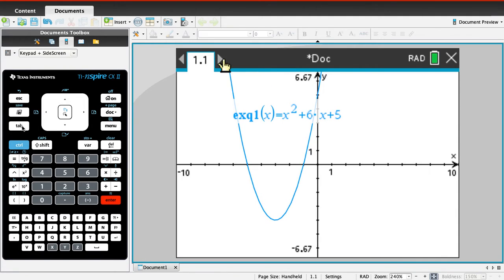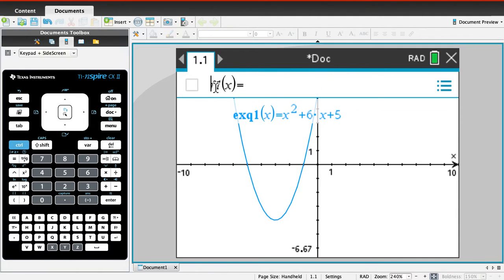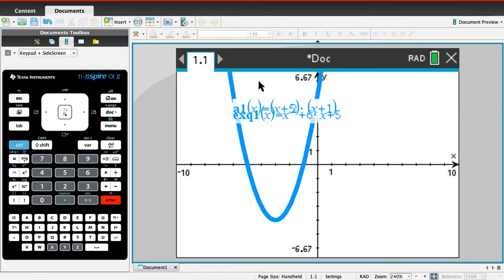Now I'm going to verify that. And I'm going to say this is the answer that I got for number 1, and it was x plus 5 times x plus 1. And look at that. They're right on top of each other. So I did my factoring correctly. And I have my solutions correctly.